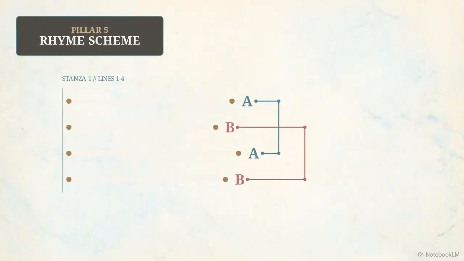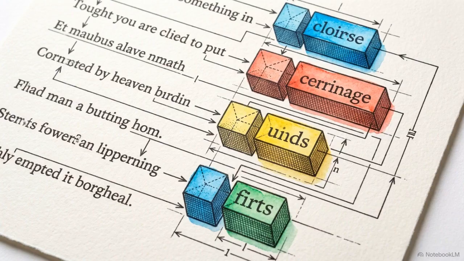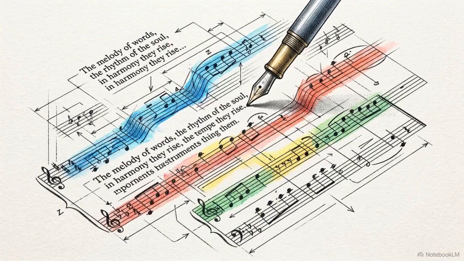understanding. From the meaning of words, we move to their sound, the fifth pillar, rhyme scheme. This is the specific, recurring pattern of rhyming words located at the ends of the lines. In literary analysis, we identify these patterns using letters, A, B, C, D, and so on, to map how the sounds repeat throughout the poem.